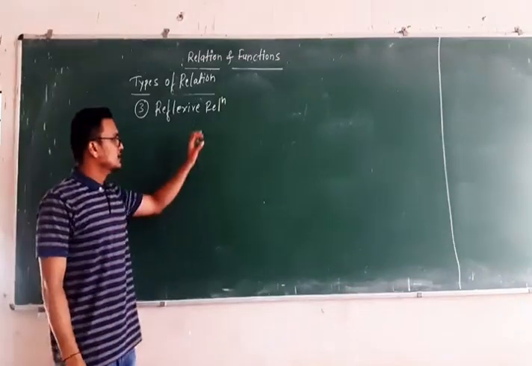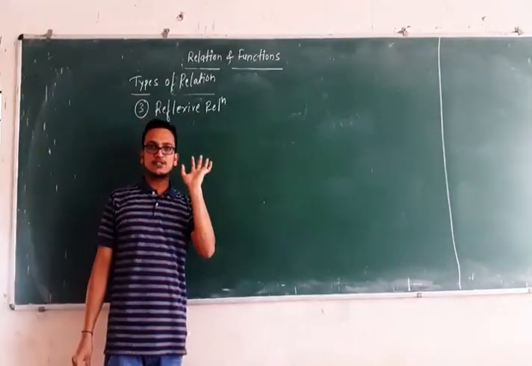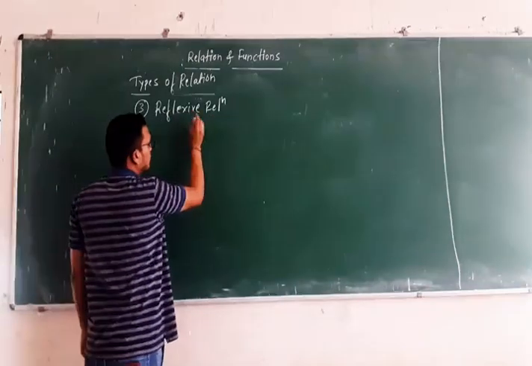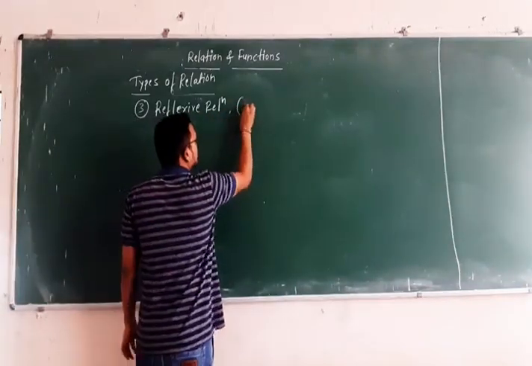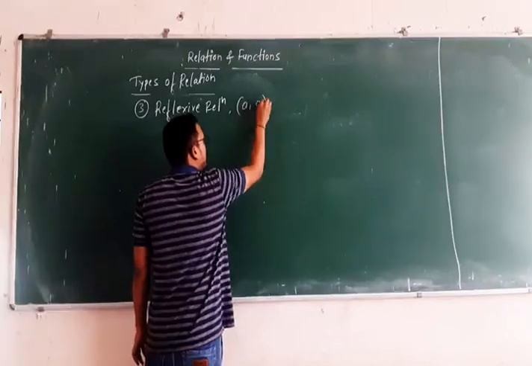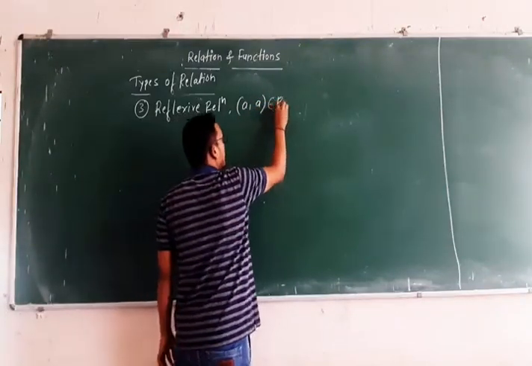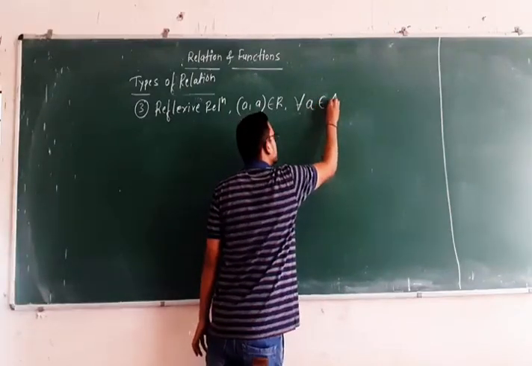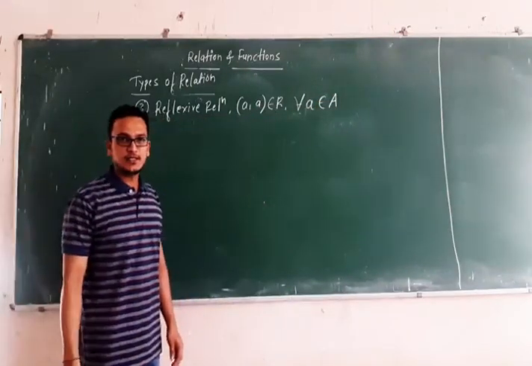Here I will give you a simple definition, so just remember it. Reflexive relation means that the ordered pair (a, a) belongs to R for all elements a belonging to the set A.